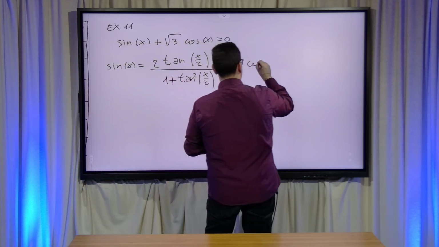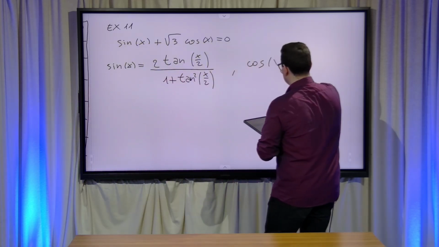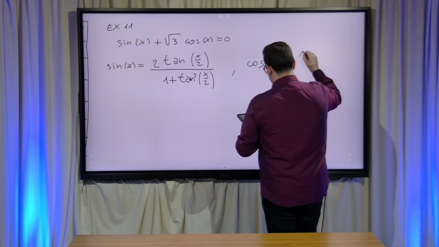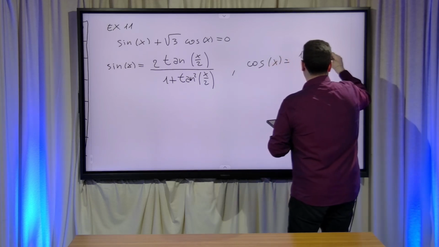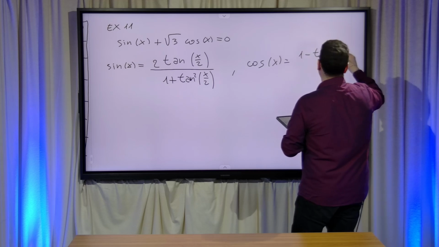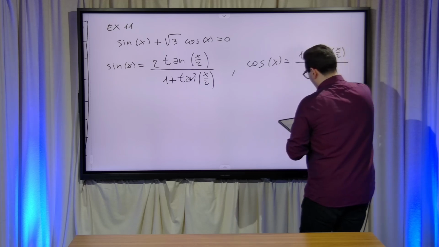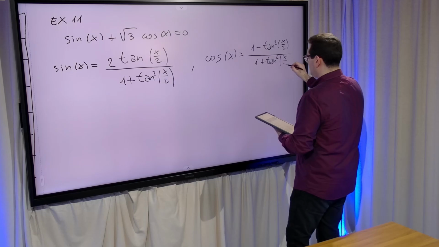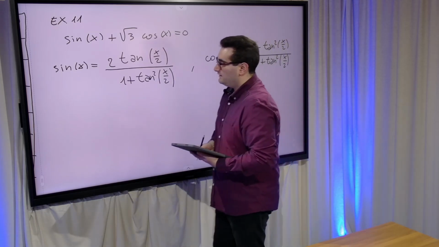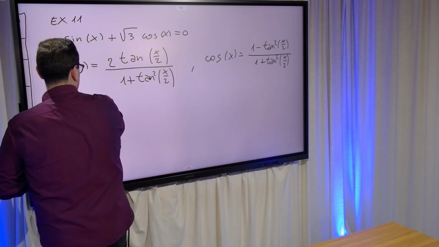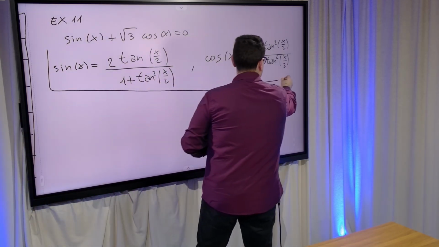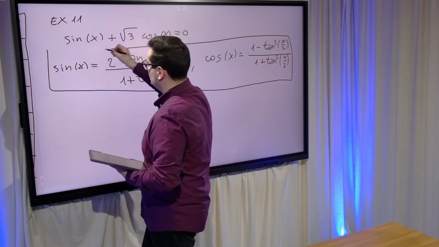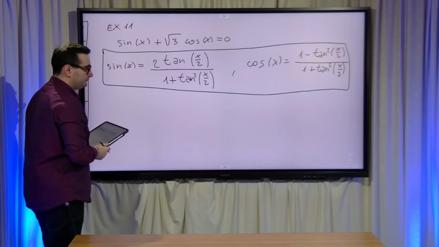And the cosine of x is 1 minus tangent square of x over 2 divided by 1 plus tangent square of x over 2. These are fundamental formulas that can be used to solve the equation.